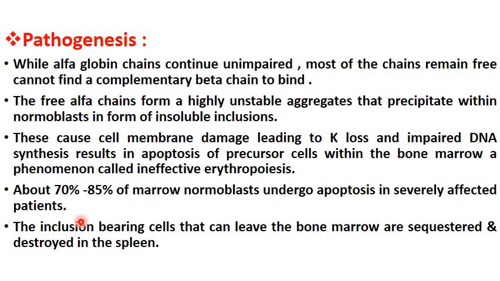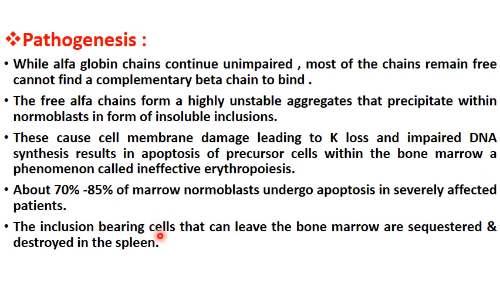Apoptosis normally is physiological, but here there is pathological death of the normoblasts because of impairment in DNA synthesis. So the patient still has severe anemia because the erythropoiesis in the bone marrow is ineffective.